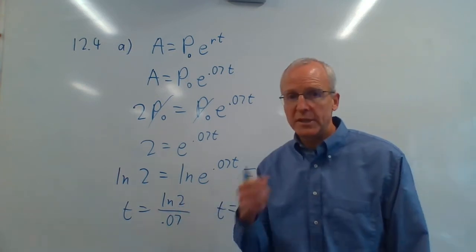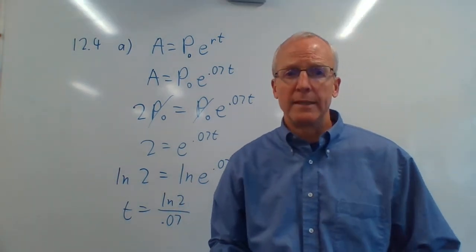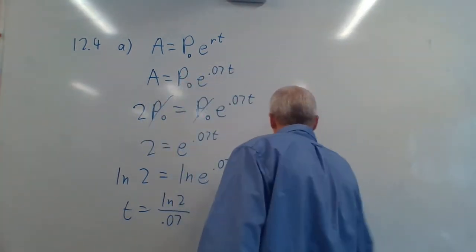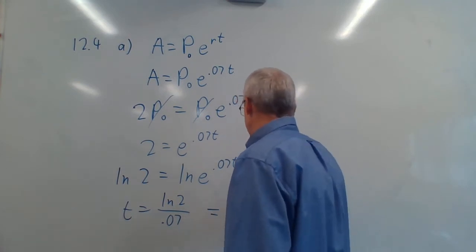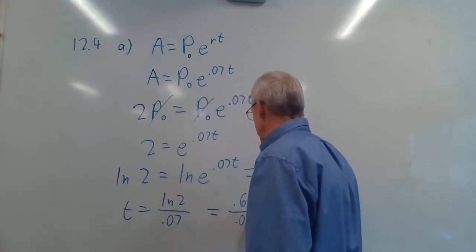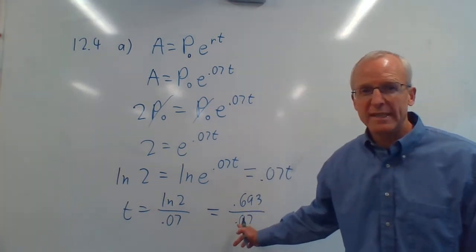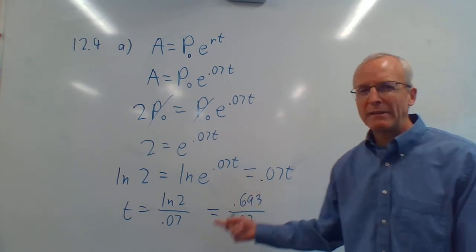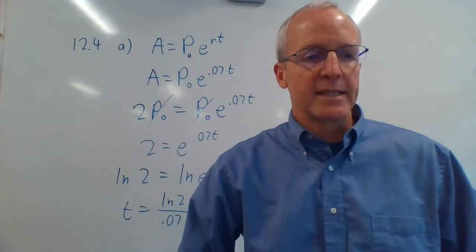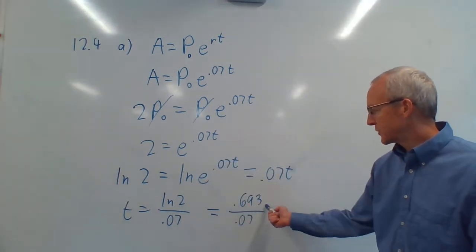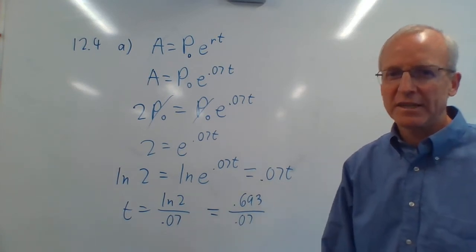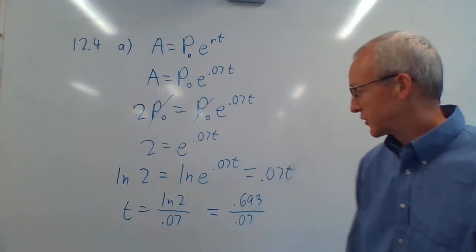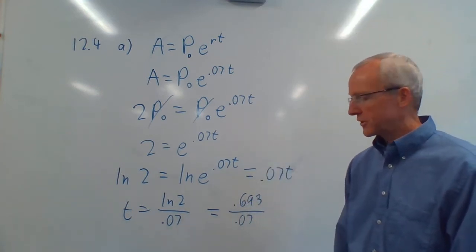Like I mentioned in class, ln of 2 is 0.693. So that's 0.693 divided by 0.07. If we wanted percent, it'd be 69.3 divided by the rate in percent, which is about 70. That's what part C says: 69.3 rounds off to around 70, divided by the interest rate in percent, and that's the doubling time. It's pretty cool. If you want tripling time, you take the natural log of 3 divided by the interest rate.